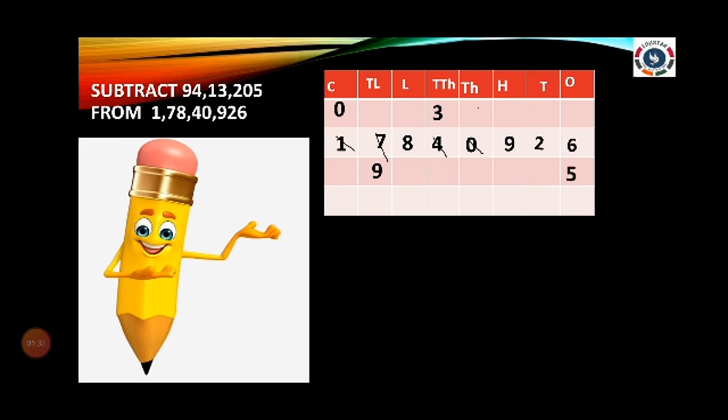And then the second number, the smaller value, 94 lakh: 5 in ones, 0 in tens, 2 in hundreds, 3 in thousands, 1 in 10,000s, 4 in lakhs, and 9 in 10 lakhs.